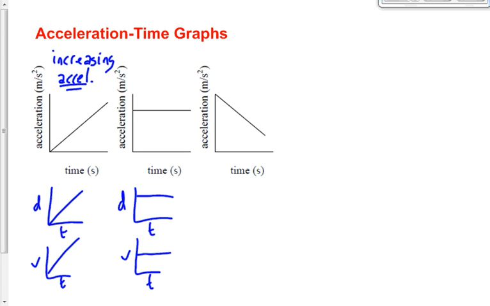If we have an acceleration time graph, is it moving? Yes, it's not stopped. Is it traveling at a constant velocity? No, it's accelerating. Look, the acceleration is not zero. It's accelerating. It's not traveling at a constant velocity. So what do we know about this? What's not changing? The acceleration. So we're going to say here there's a constant acceleration.